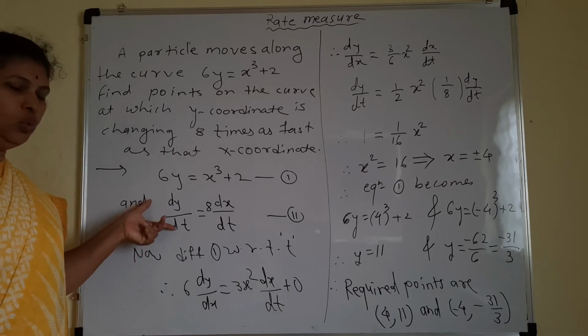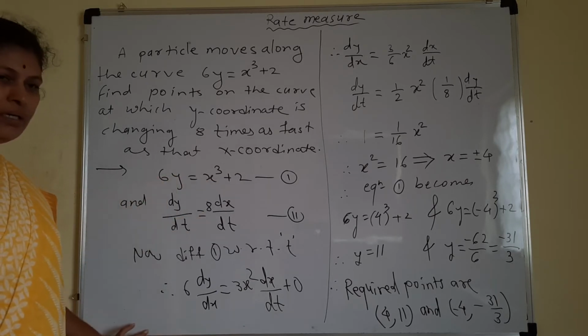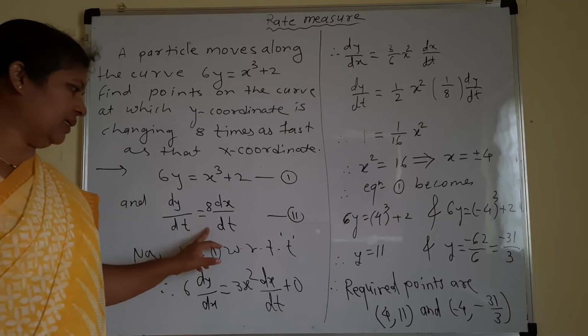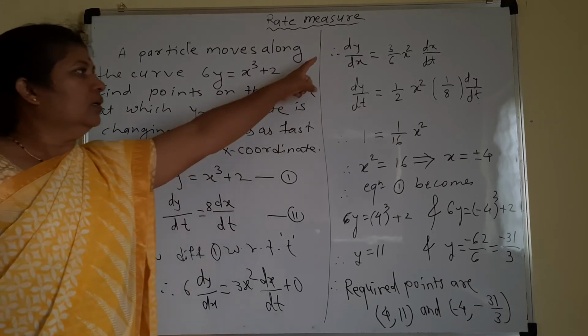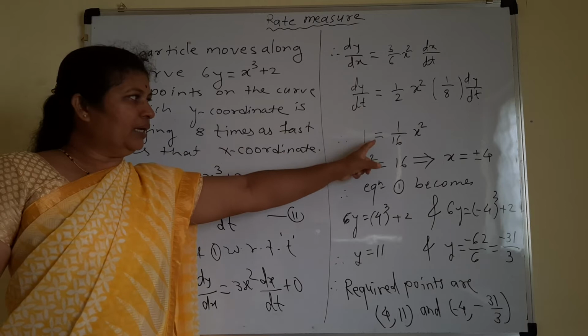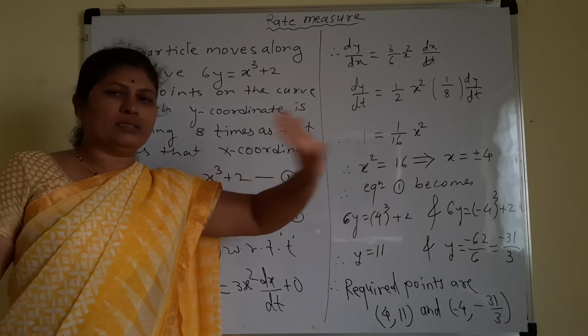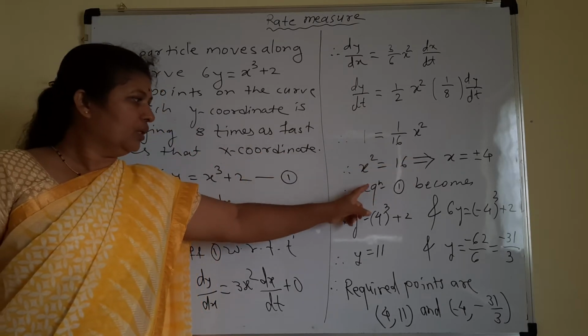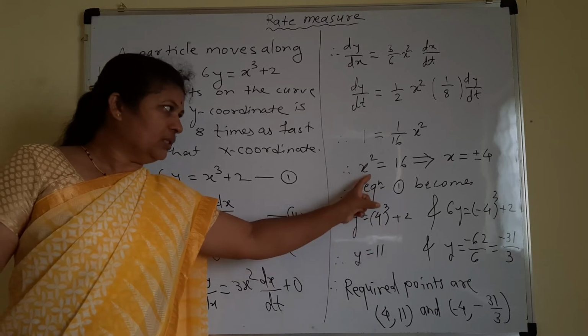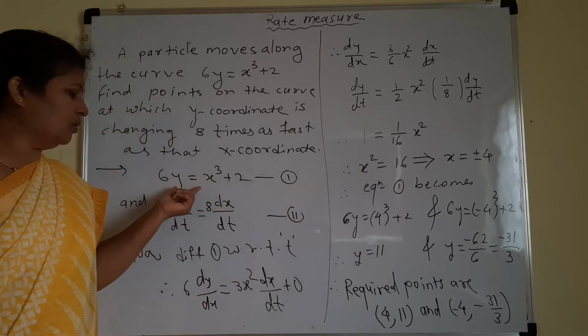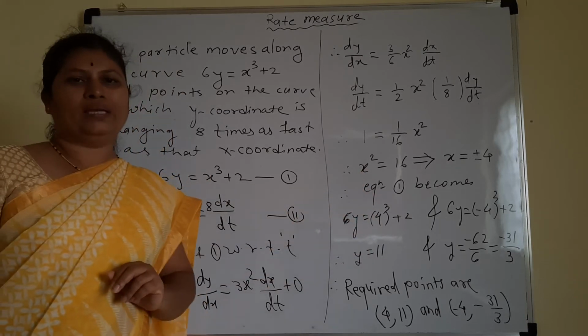Using equation 2, we put the value of dx by dt. You may put the value of dy by dx as it is. It is solved. We get x square is equal to 16, and hence x is equal to plus or minus 4. And then we solve this by substituting this value of x in equation 1. We get y is equal to.